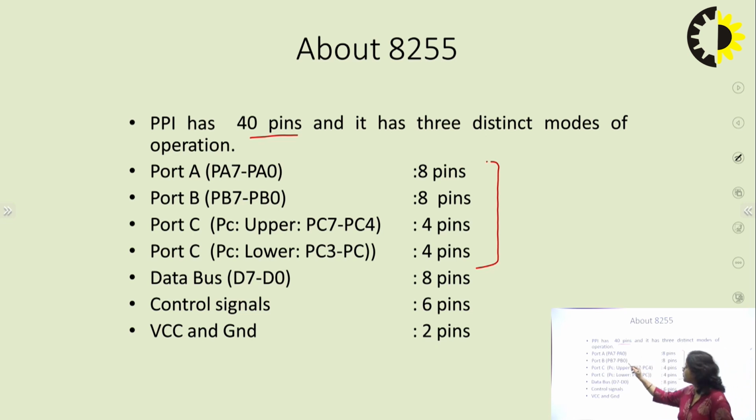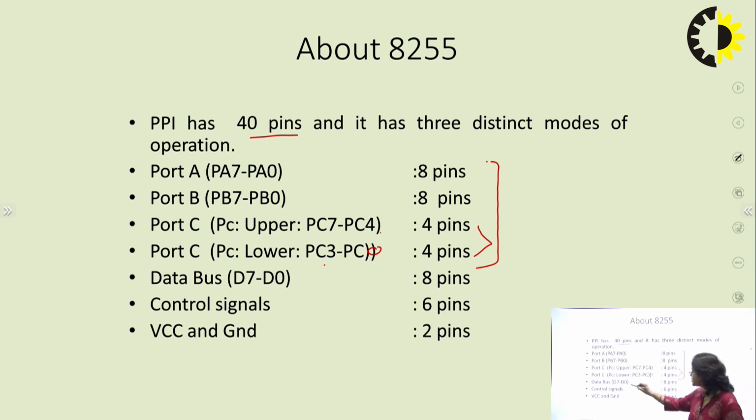Port B pins are PB0 to PB7, and port C pins consist of PC0 to PC3, that is lower port C, and PC4 to PC7, that is upper port C. We have bifurcated port C into two parts because one half is used with port A to provide control signals and the other half is used with port B to provide control signals.